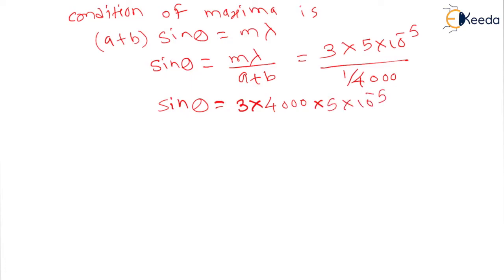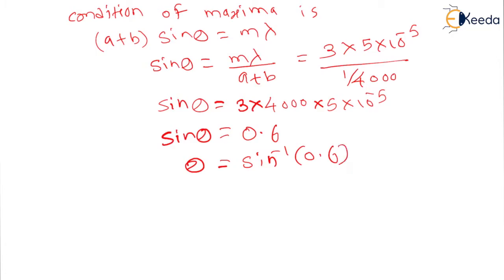So sin theta you will be getting here as 0.6. From this you have to calculate theta, and that would be sin inverse of 0.6. You can find sin inverse using a calculator. So sin inverse of 0.6 is 36.86 degree.